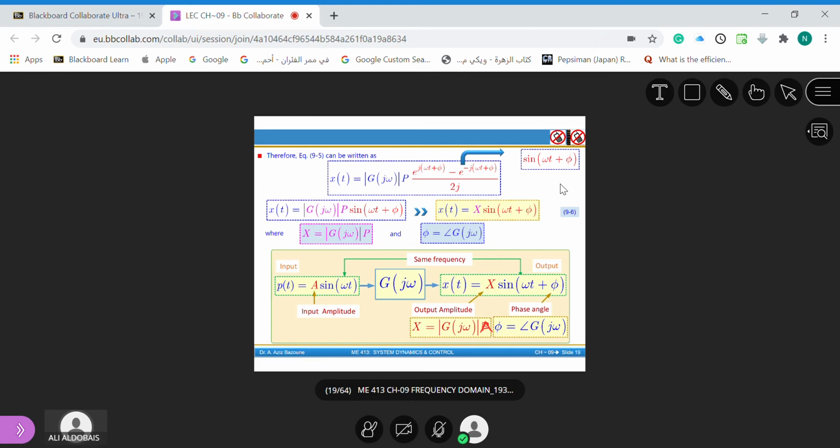This is the output. The input is given, and all you have to do is find what X is and what phi is. X is the magnitude of G(jω) times the amplitude of the input, and then the phase angle will be the angle of G(jω).